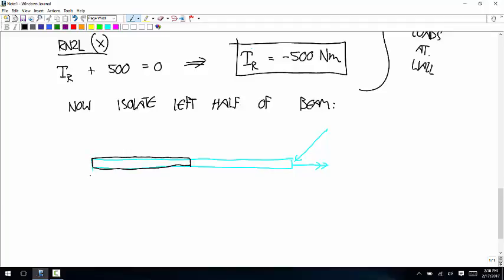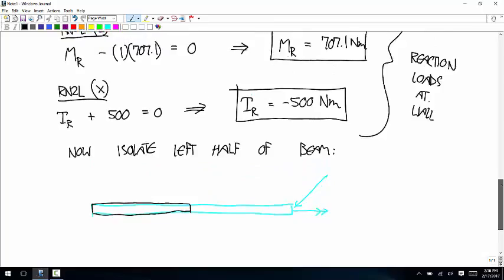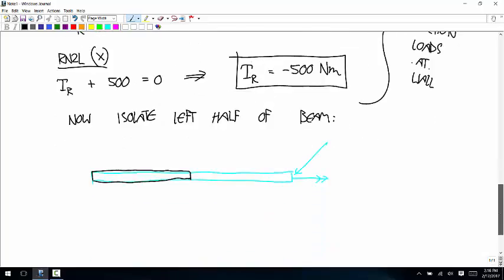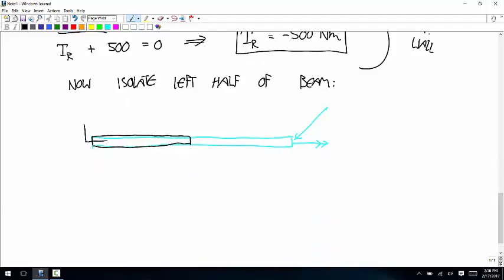And so let's think about what loads are applied just on this left half. Well, now we know all of these external loads. We calculated those. So we know there's a force vector applied at the wall of 707.1, 707.1.